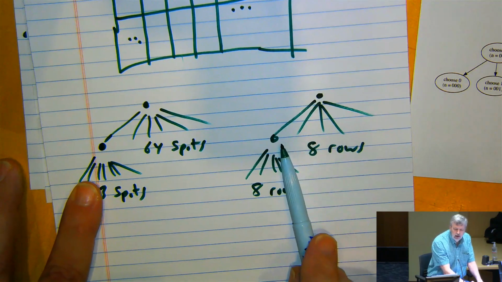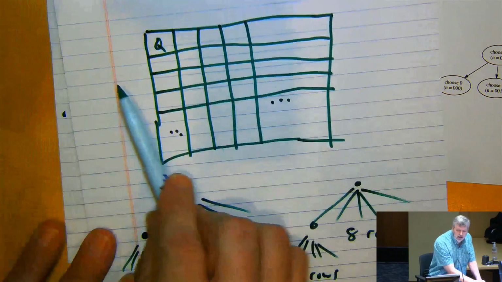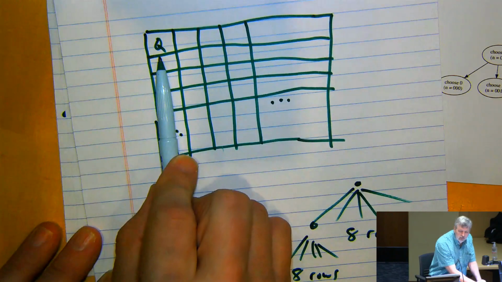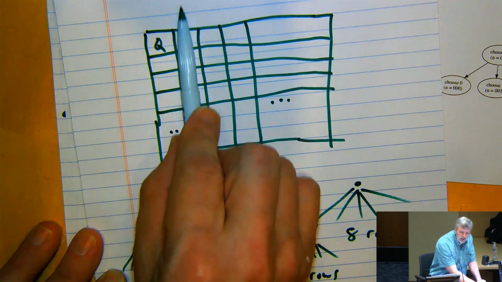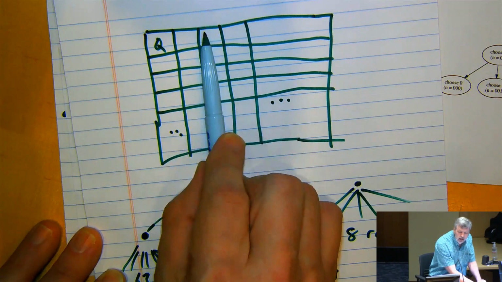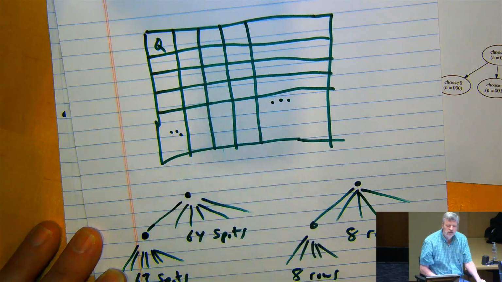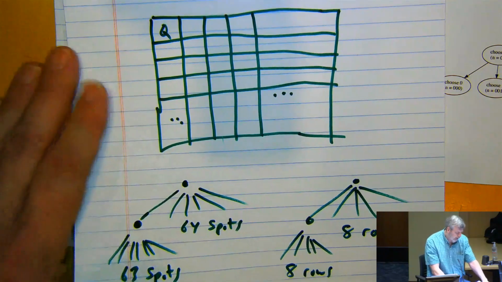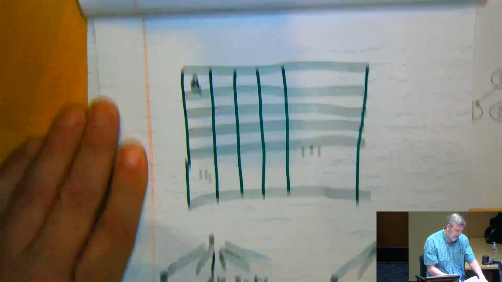A first robot is going to consider the 8 different choices you could make for column 1. And then a second robot would consider the 8 choices for column 2. A third robot would consider the 8 choices for column 3, and so forth. So that's the way we're going to approach it. We're going to write code in just a minute.